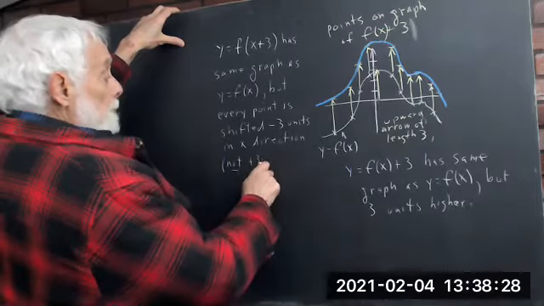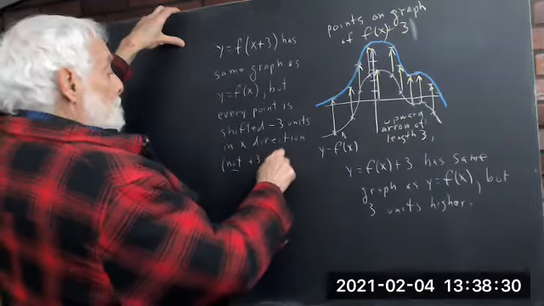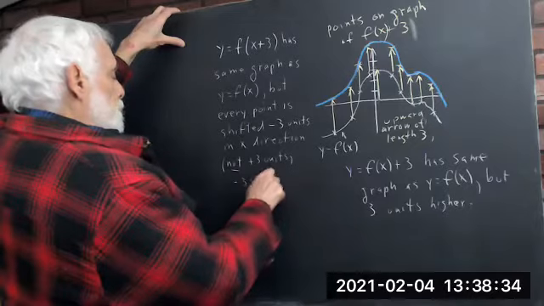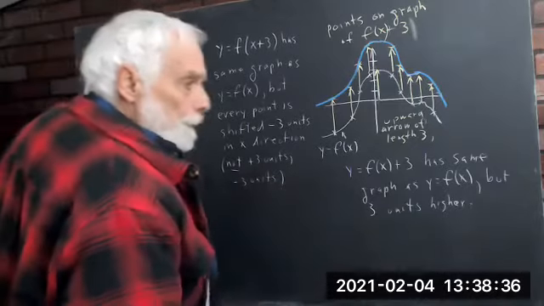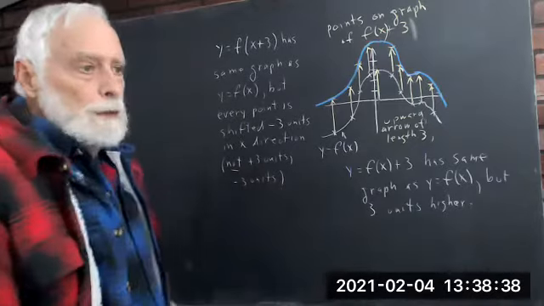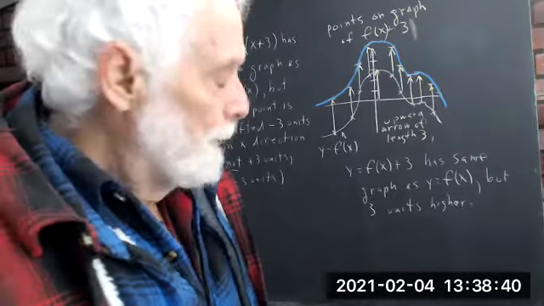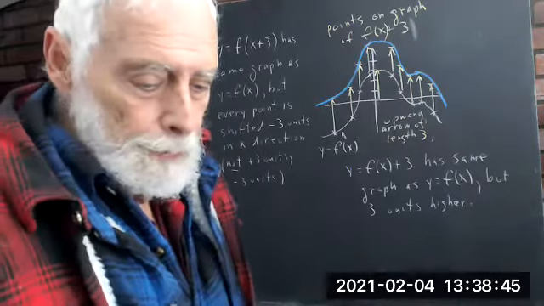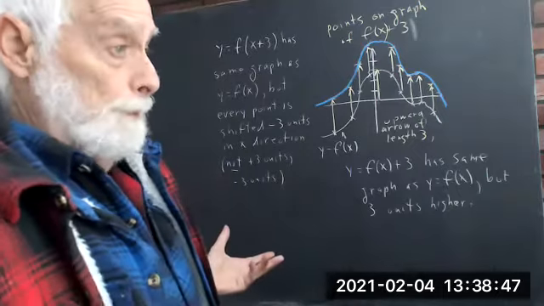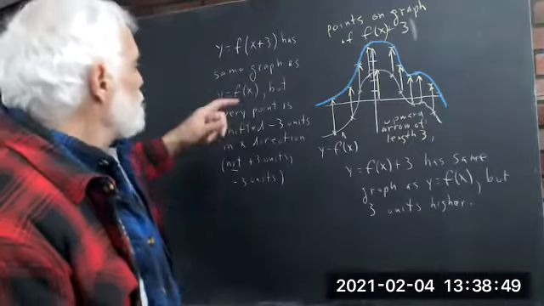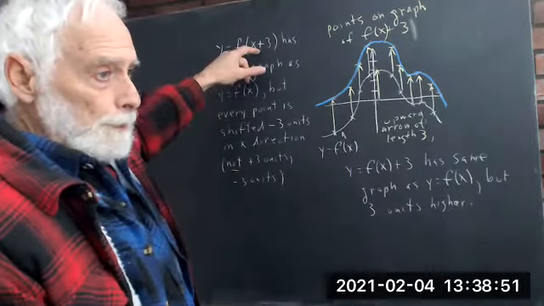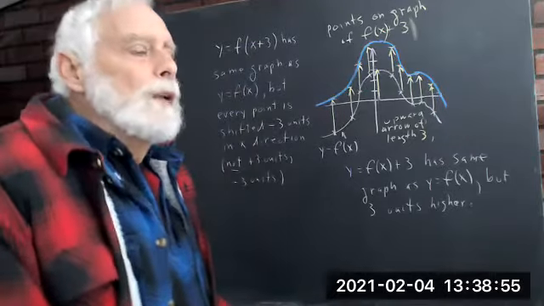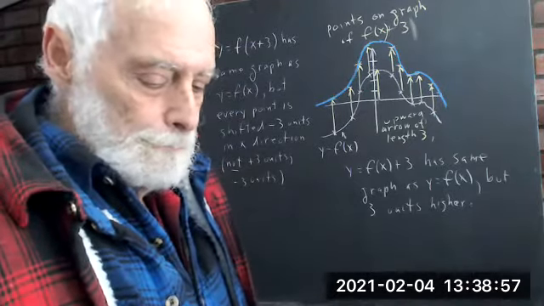Not +3 units, -3 units. Now I'm going to give you a written exercise this weekend that'll show you why that is. But right now, that's the rule. If you replace x by x plus 3, it shifts the graph 3 units to the left.